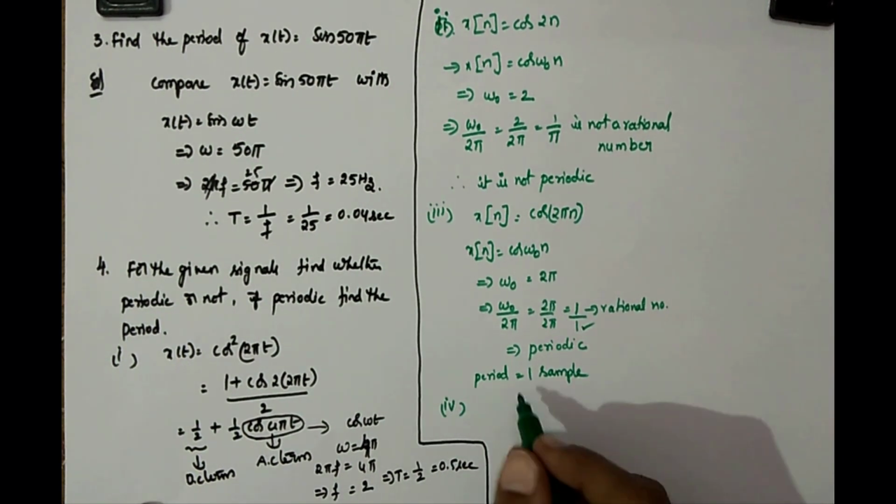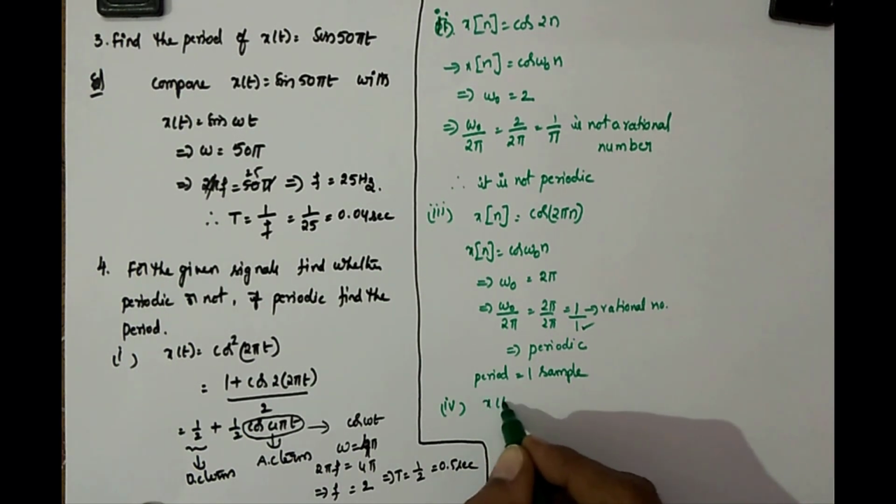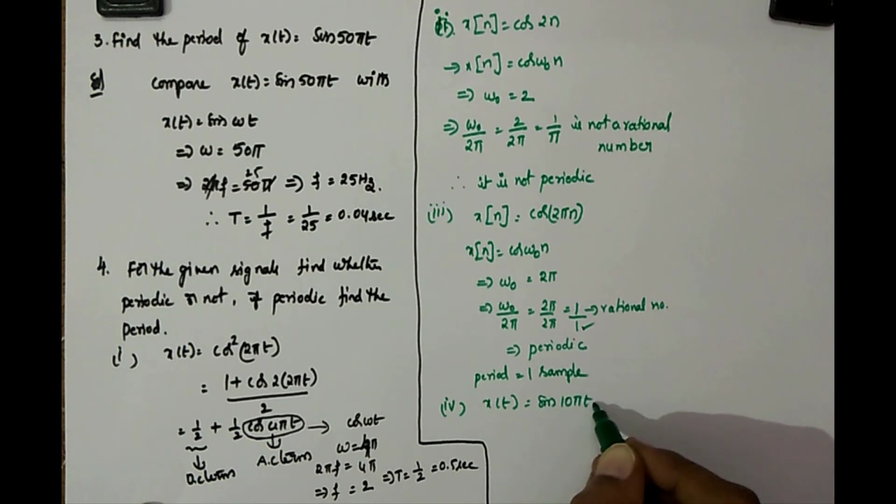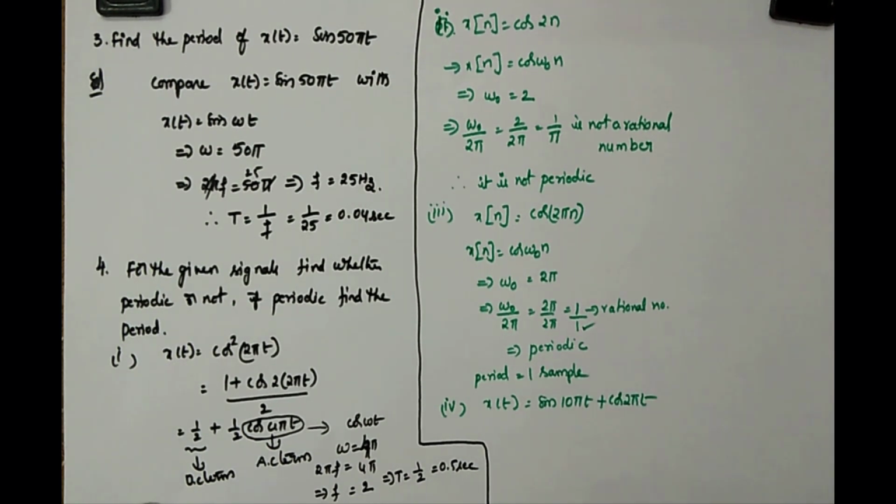Then the next problem. X of t equal to sine 10 pi t plus cos 2 pi t. If you observe the problem, it consists of two terms. Up to now I explained only with one term. Here I am taking the example of two terms. So how to find whether the signal is periodic and how to find the period if it is periodic.